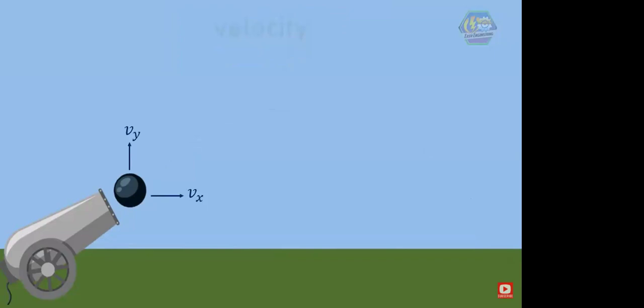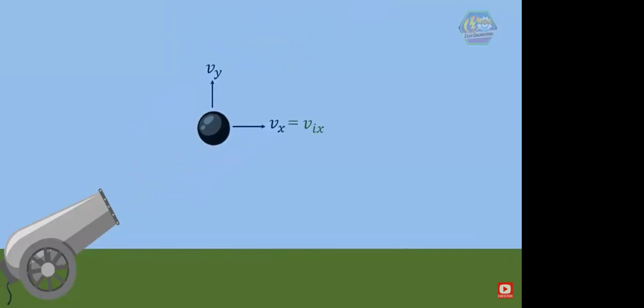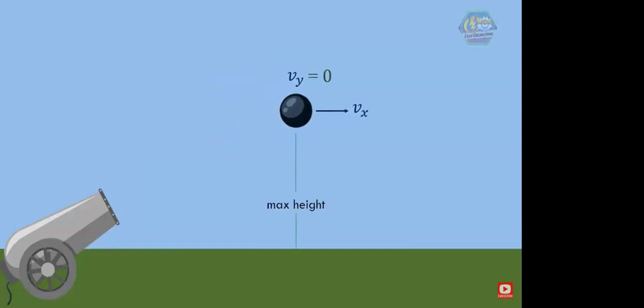When the cannonball moves upward, the velocity in the x direction is constant, the same as the initial value, while the velocity along the y direction is approaching 0. When the velocity along the y direction is equal to 0, the cannonball is at maximum height from the ground.